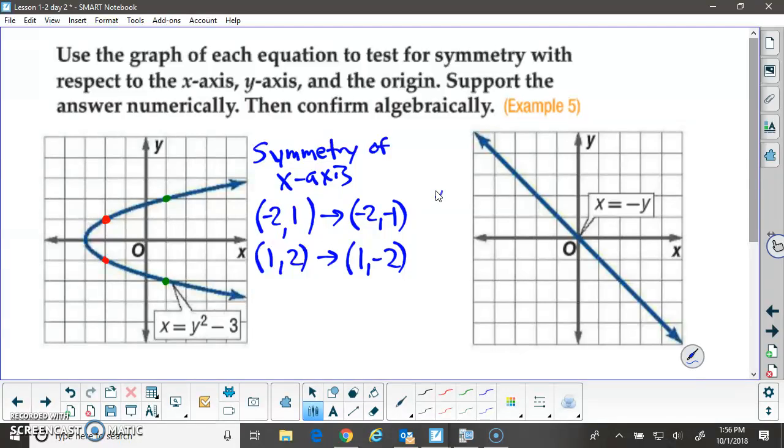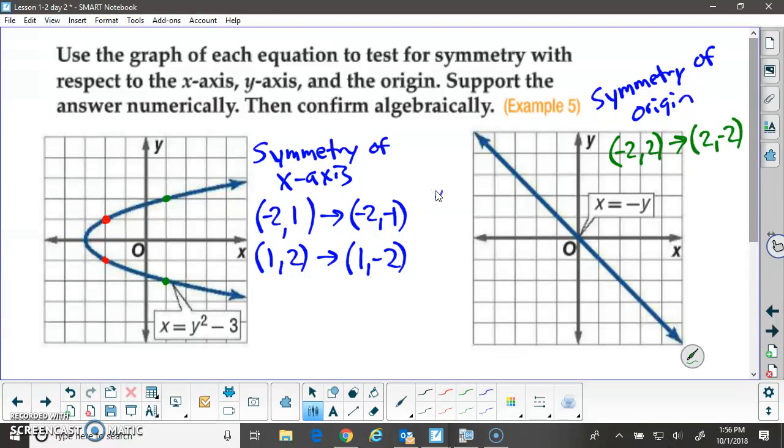The next one is just a line, and this is not obviously showing symmetry of the y-axis or the x-axis, but I believe it is showing symmetry of the origin. So, to confirm this, if we take a coordinate point such as -2, +2, it should also contain the coordinate point 2, -2.